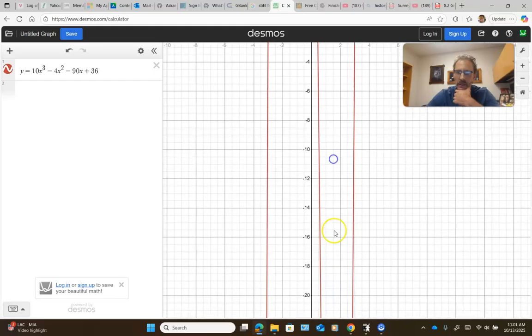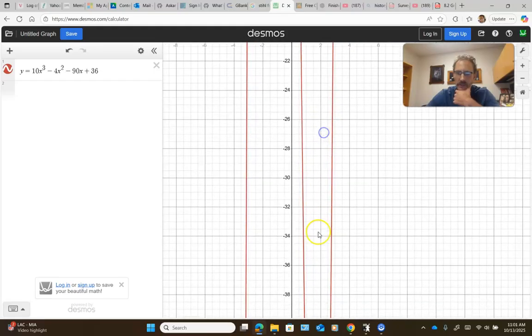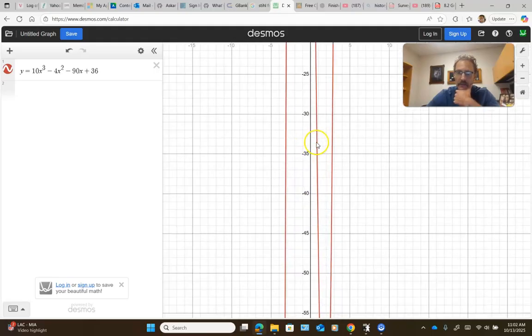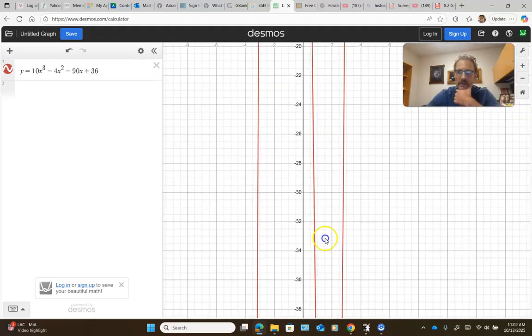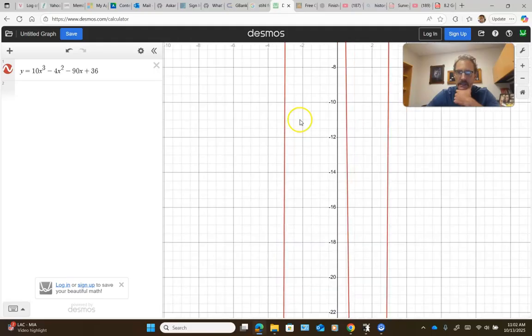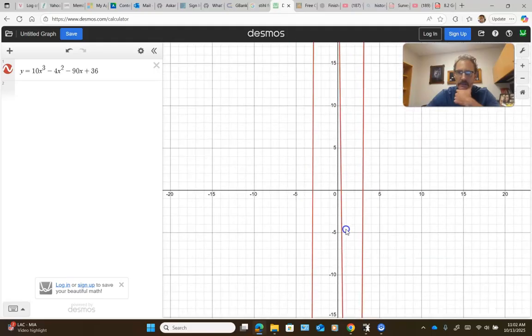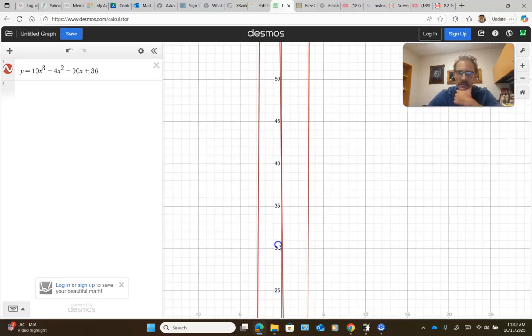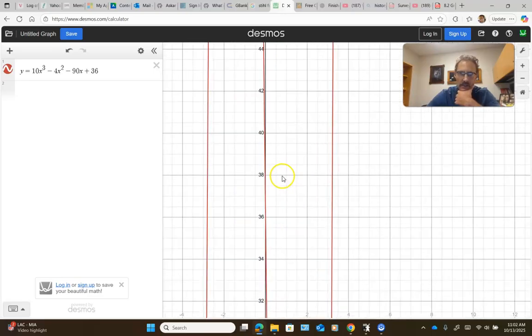Again, you know, we didn't know how low this function goes before it turns around. Evidently, it's quite a ways. See that? But let's come up here and see if the function is crossing the y-axis at 36. And it's kind of hard to tell, but it is. Here's 36.